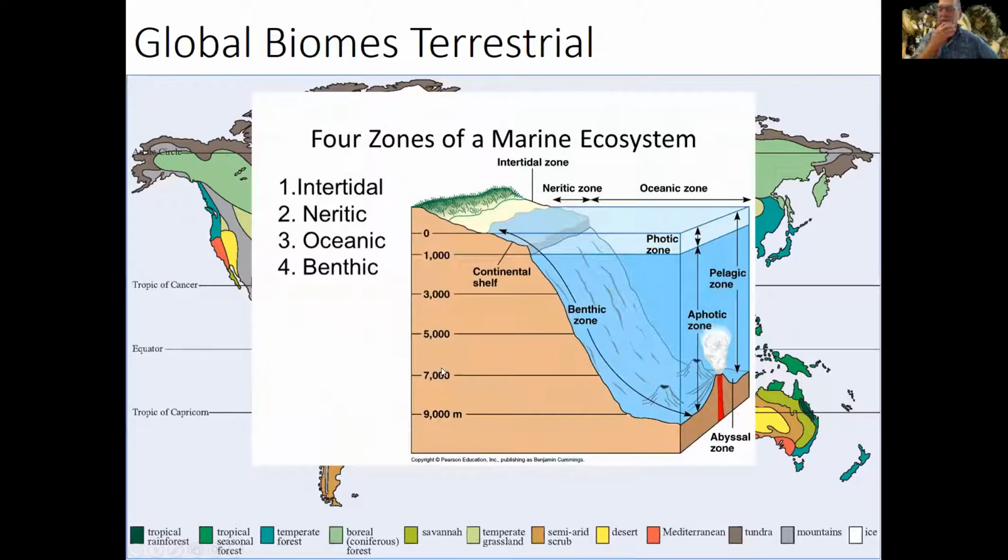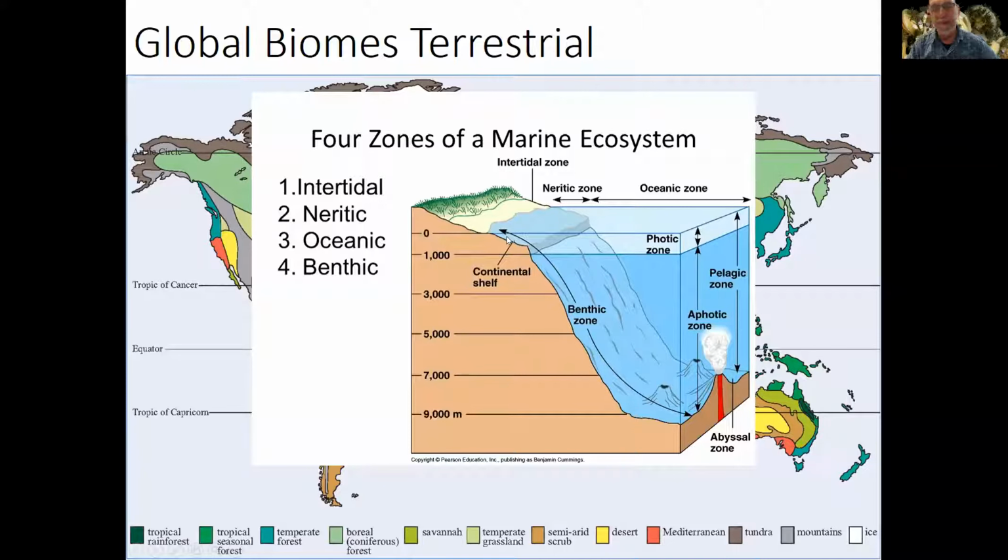So light is extinguished as it moves through the ocean, and when you get below about 200 meters depth, there's not enough light energy to support primary production. So most or all of the primary production in the ocean is taking place at the surface. So the relative depth is one defining factor for ocean biomes.